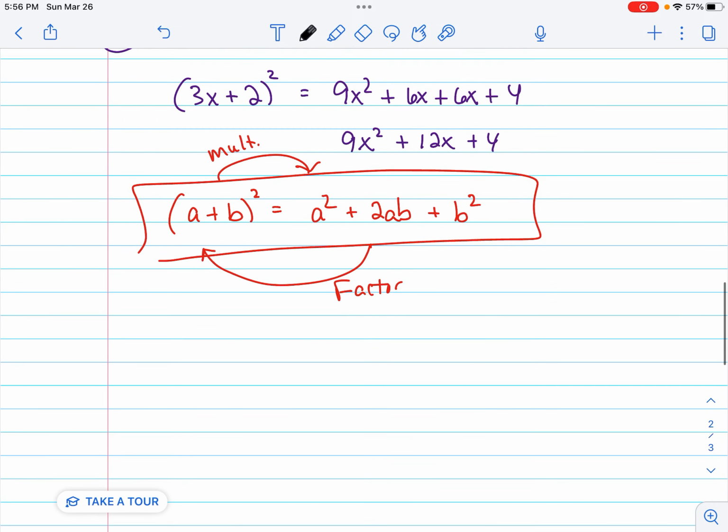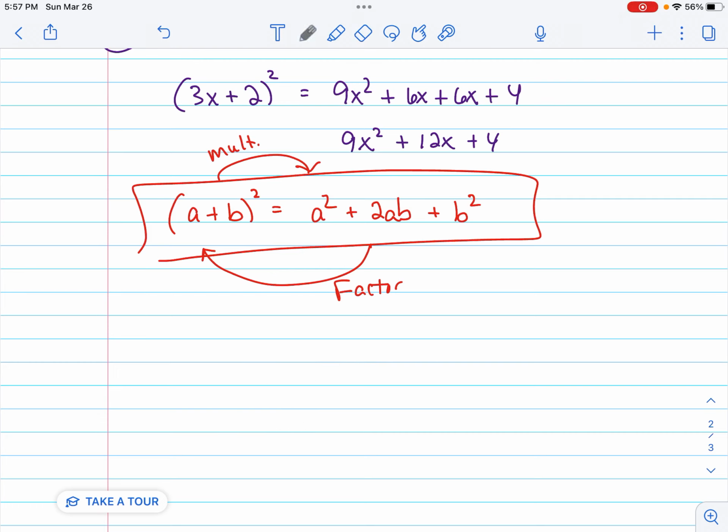If you have something like 4x squared plus, let's see if I can do this in my head, 36x plus 9, then that would factor into 2x plus 3 squared. It's very similar to the one that we just did, except I did it wrong. Sorry about that.